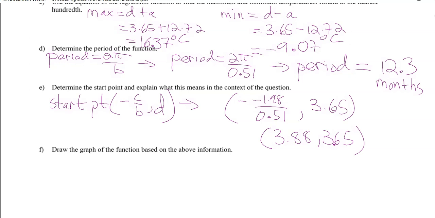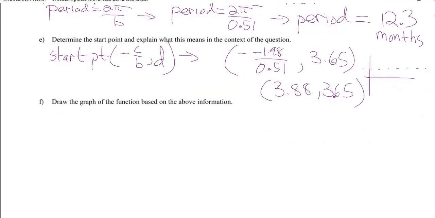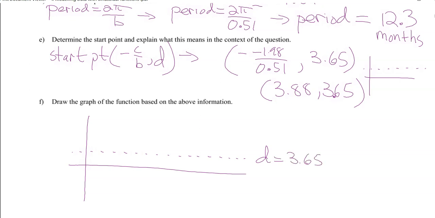Well, we know that the start point is when you first reach the midline. As a matter of fact, before we answer that, let's draw the function. Here's our midline, d equal to 3.65.